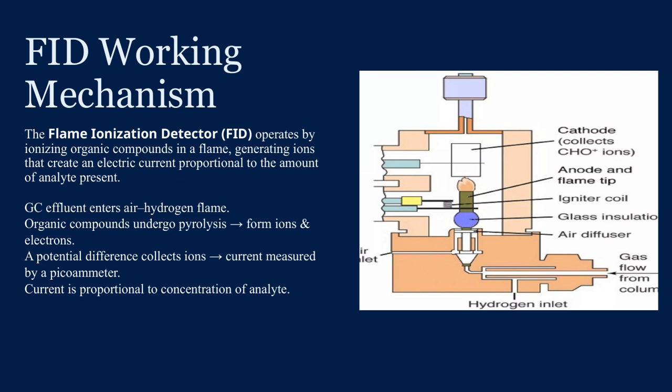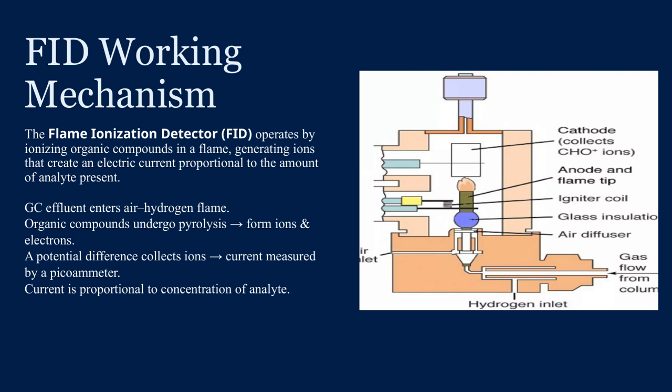A potential difference, or voltage, is applied across the detector, which collects these ions. The stronger the ionization, the greater the current produced. We measure this current using a picoammeter, and importantly, this current is directly proportional to the amount of analyte, or the organic compounds, present in the sample.